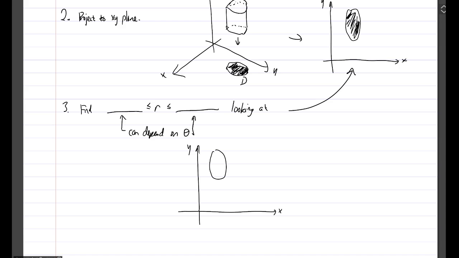For a fixed value of θ, maybe like this, so θ looks like that, you should be getting, oh yeah, now we're in the object, now we're outside the object again. So you want to know what's the value of r here as a function of θ, and then what's the value of r here as a function of θ.